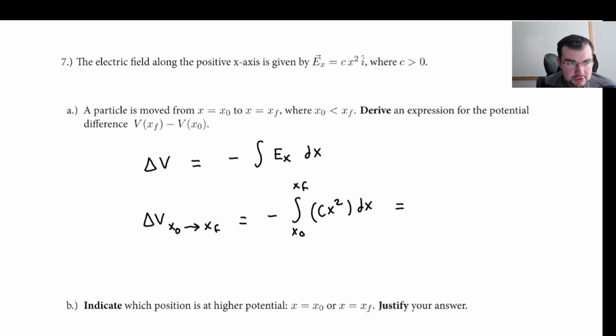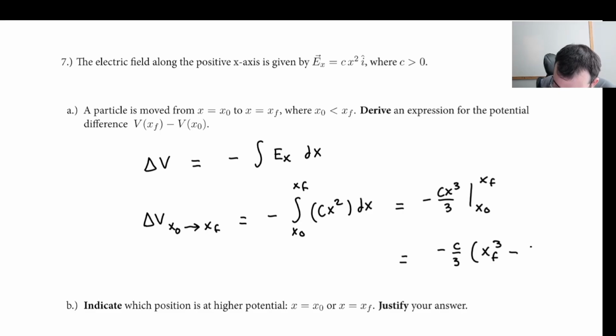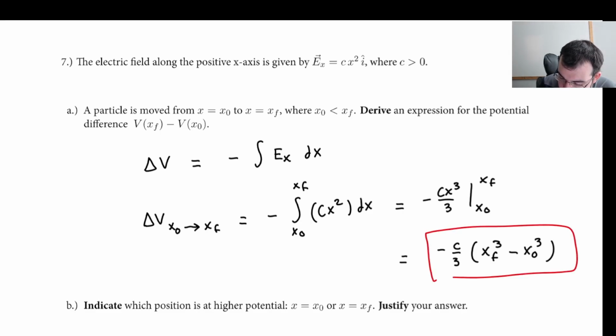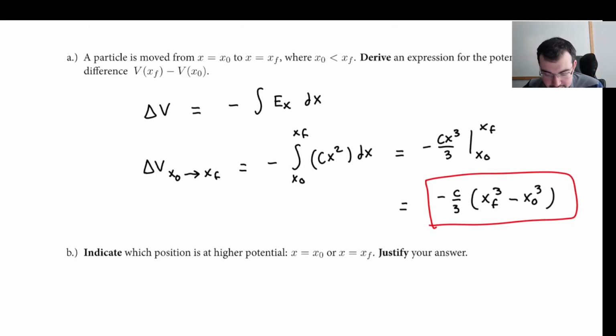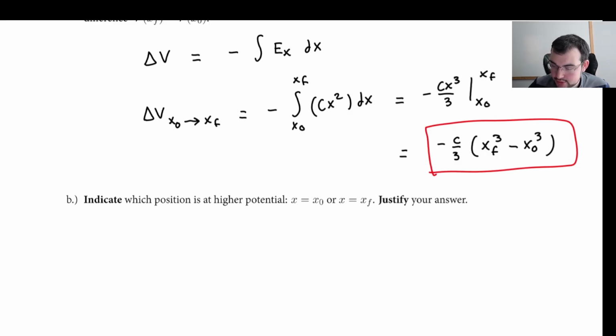And now it's just a simple antiderivative. So we get negative cx cubed over 3, evaluated from x0 to xf. So we can write this as negative c over 3 times the quantity xf cubed minus x0 cubed. And which point is at higher potential, x equals x0 or x equals xf?